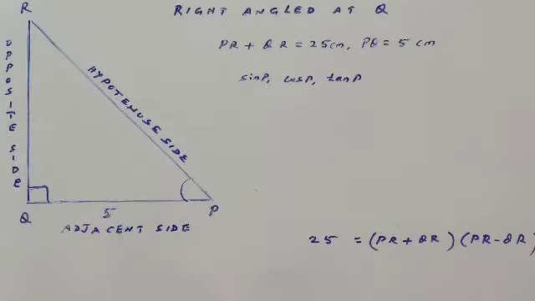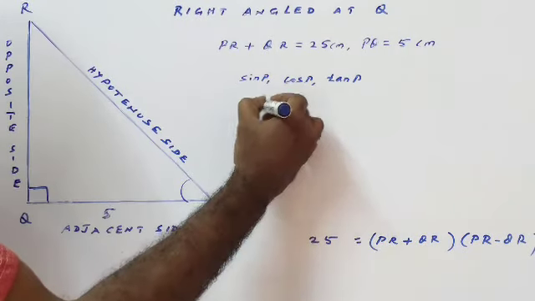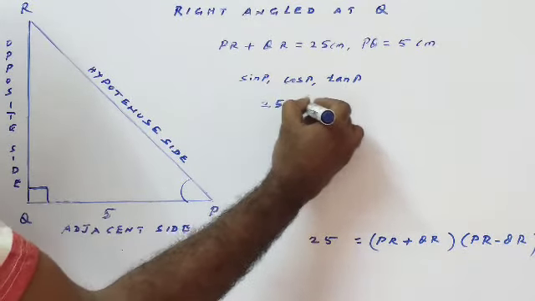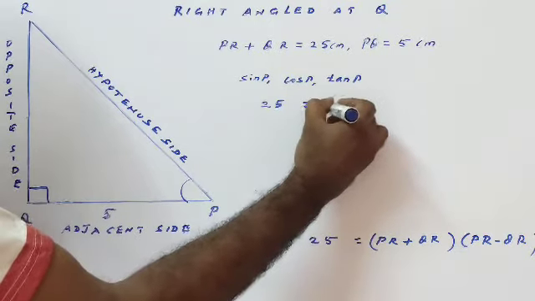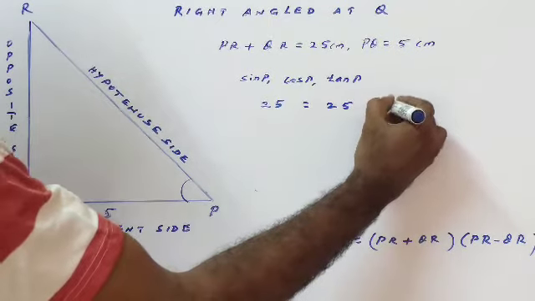Now in the question it is given that PR plus QR is 25 centimeter. So instead of PR plus QR, you write 25 into PR minus QR.